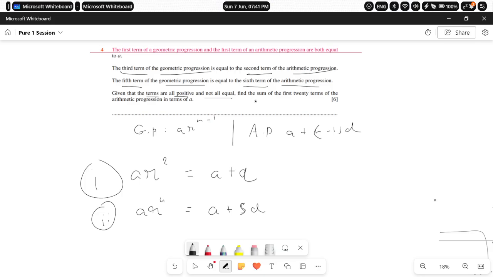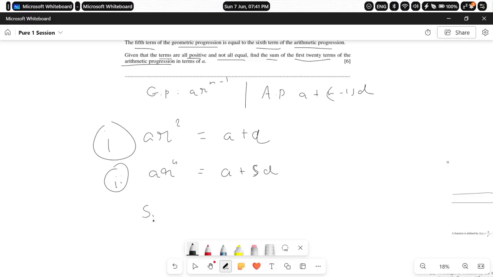Anyway, now they're asking you to find the sum of the first 20 terms of the arithmetic progression. For an arithmetic progression, S_n is just n over 2 times 2a plus n minus 1 d.